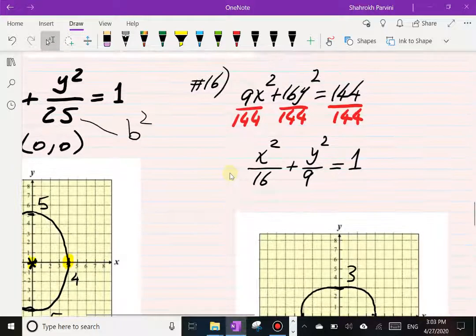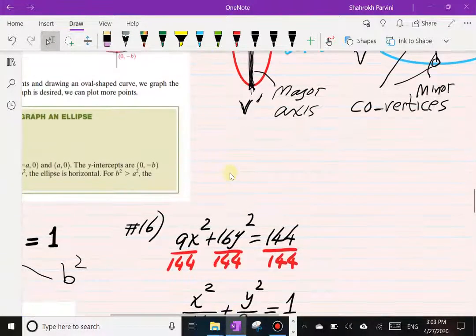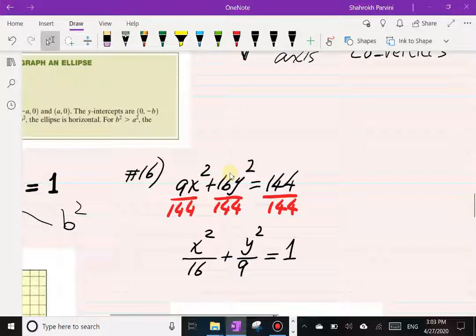And number 16, likewise. Now, one thing about number 16 here, to the right, I did not have a 1. It was 144. So the very first thing I did is I divided by 144. This is to get a 1 on the right side. And I did. So here, you simplify the fraction. 9 is a factor of 144, 9 times 16.